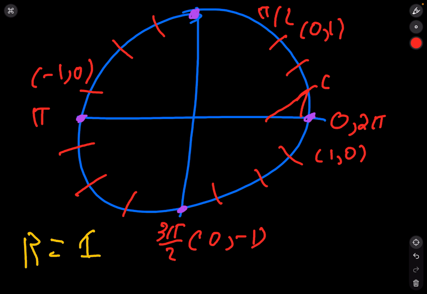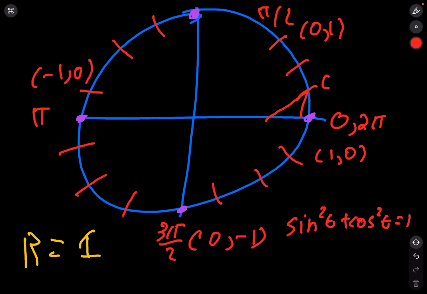Essentially all of these different points also have points in the middle. Just like how we have the radians and the degrees, you also have to remember the points that come with the different degrees.